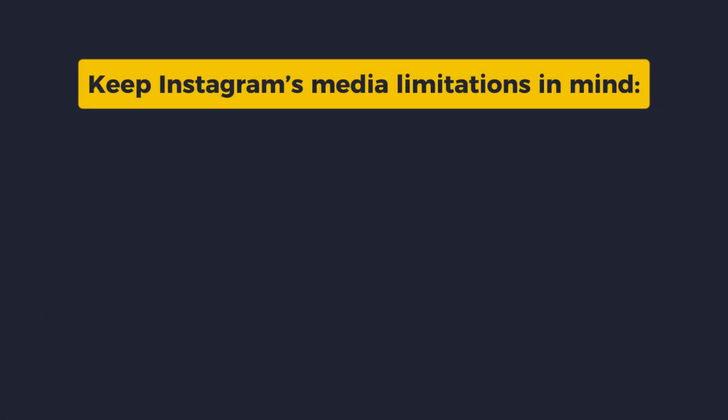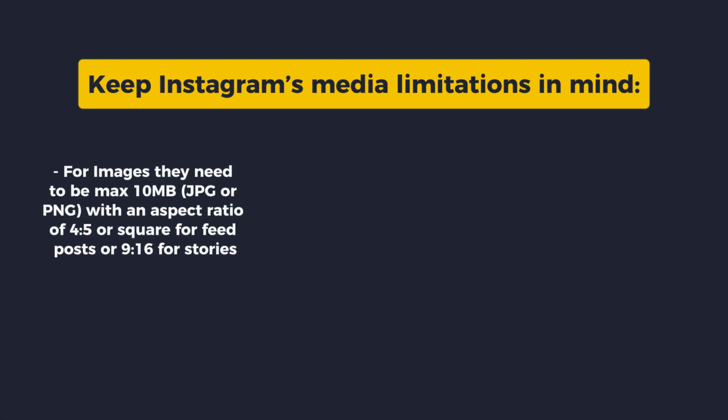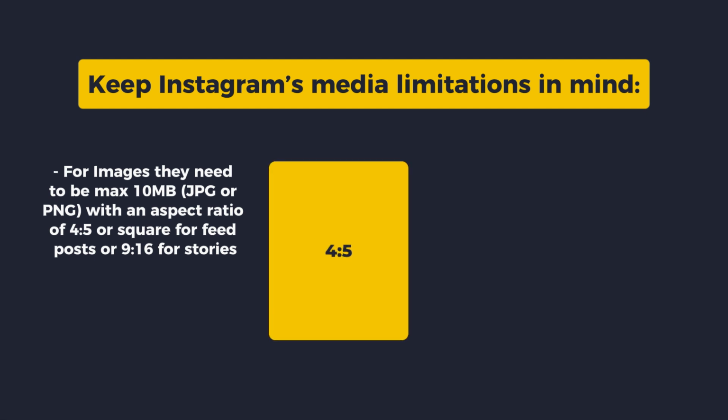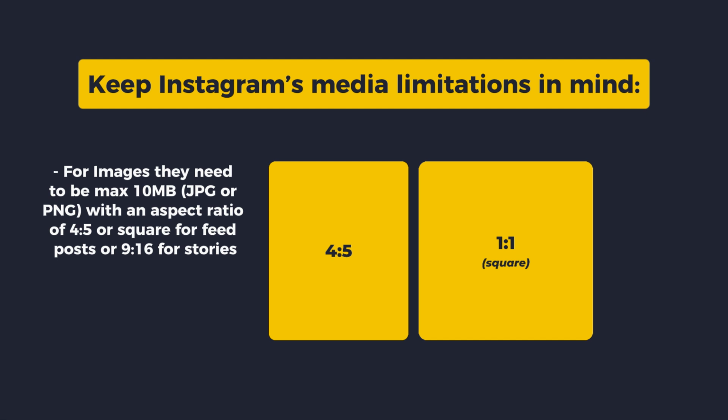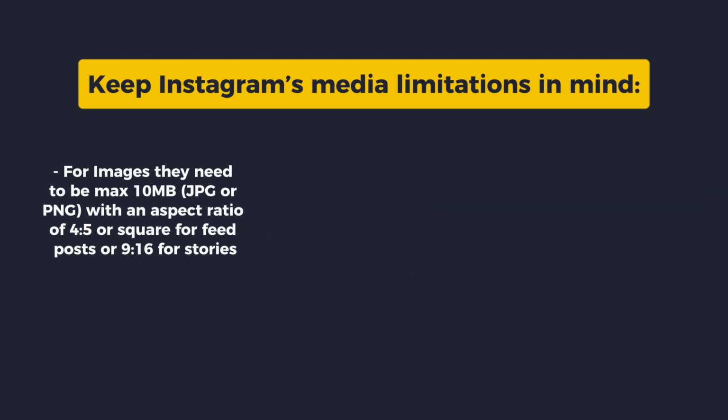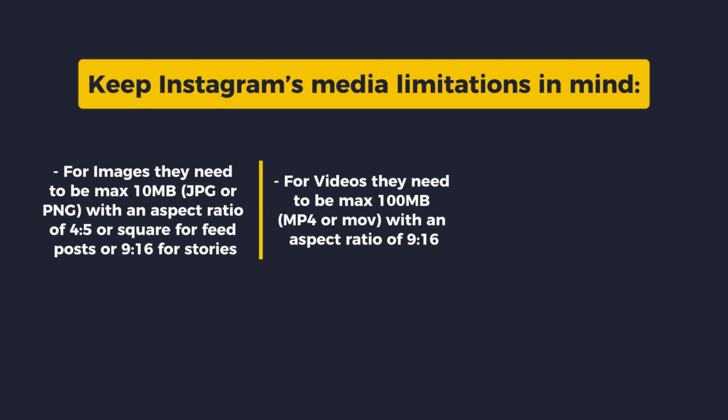When creating your post, keep Instagram's media limitations in mind. For images, they need to be a maximum of 10 megabytes in size using the JPEG or PNG formats with an aspect ratio of 4:5 or square for feed posts or 9:16 for stories. For videos, they need to be a maximum of 100 megabytes MP4 or MOV in format with an aspect ratio of 9:16.